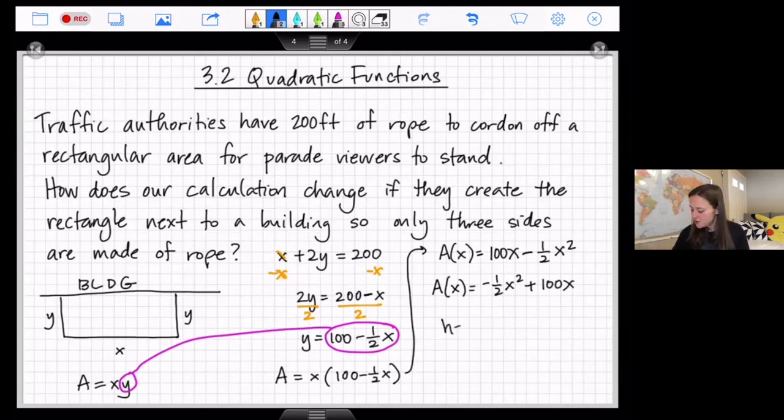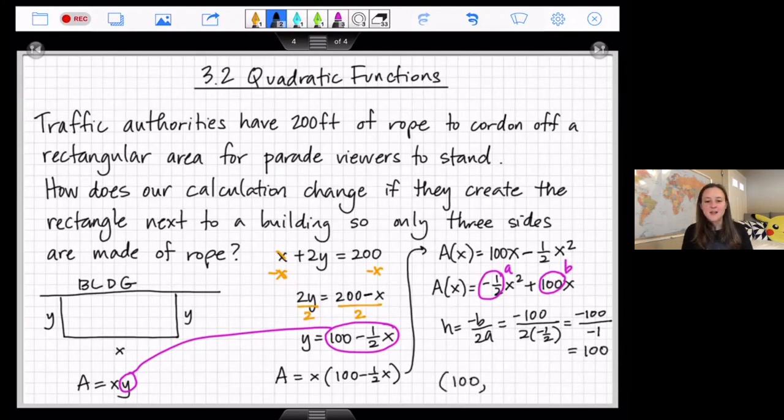I'm going to say H equals negative B over 2A. My B is still the same thing. I've still got a B of 100, but now my A is equal to negative 1/2. So I get negative 100 over 2 times A. So I get negative 100 over 2 times negative 1/2, which is negative 1. So I get that my vertex needs to be at X equals 100.